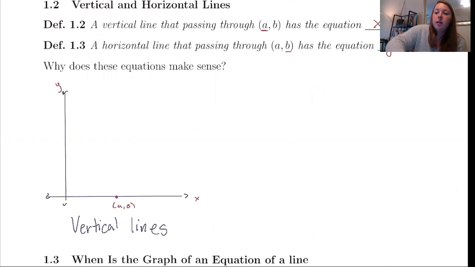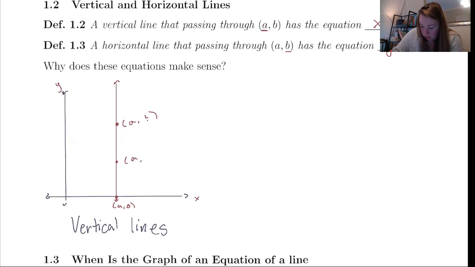We've talked about that. So then it's a vertical line through this point, going up and also down and so on, right? So every point is going to have x equal to a, it doesn't matter. It's always going to be there. And there's no change in the x value, only changing in the y.